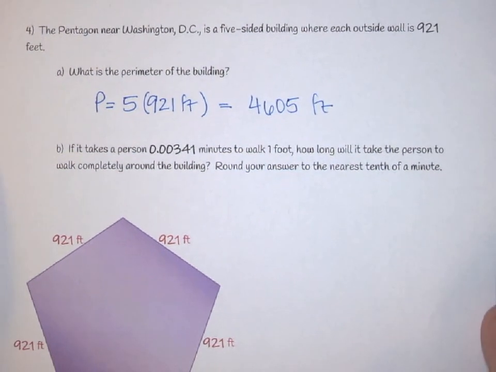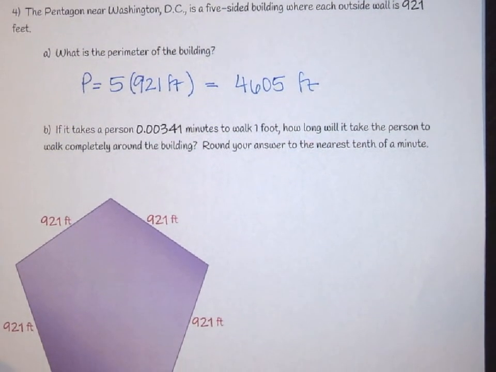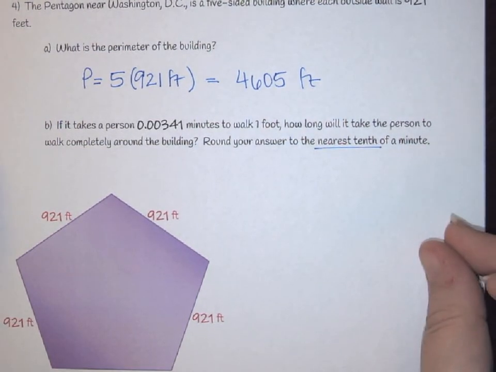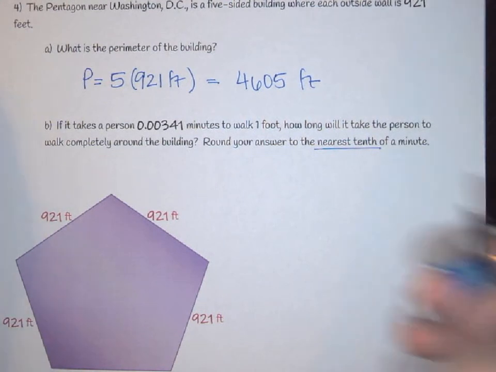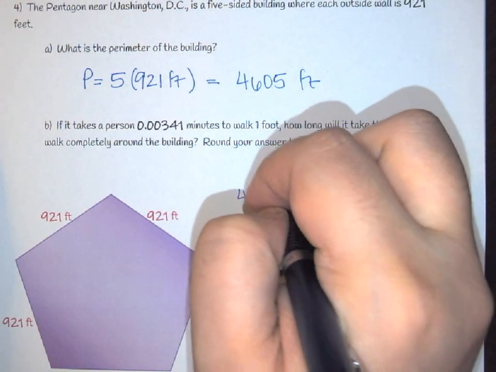Now, if it takes a person 0.00341 minutes to walk 1 foot, how long will it take that person to walk completely around the building? Notice we want to round to the nearest tenth. So here you have to take your perimeter, so 4605.